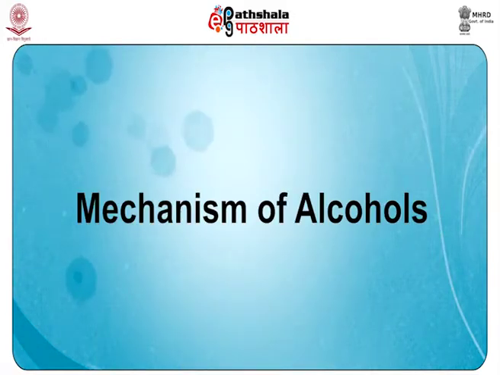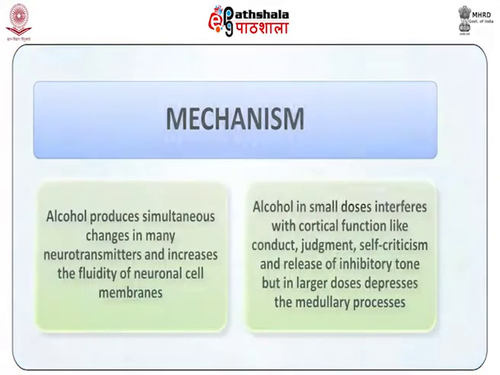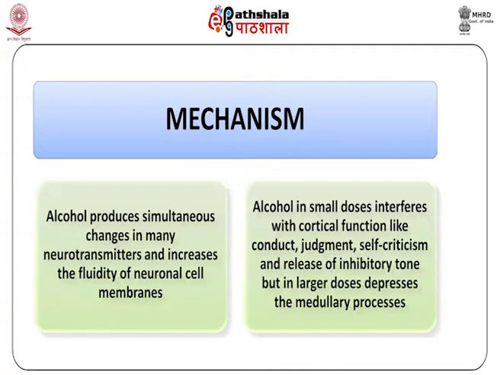Next, we will study the mechanism of alcohol. Generally, ethanol is a central nervous system depressant. The precise mechanism by which alcohol affects cognition and psychomotor control is not understood completely. Alcohol produces simultaneous changes in many neurotransmitters and increases the fluidity of neural cell membranes.